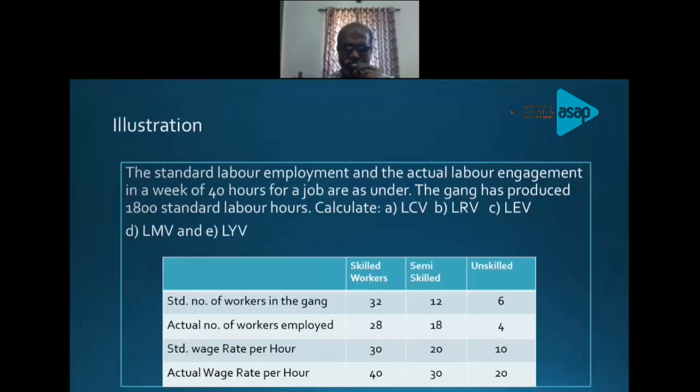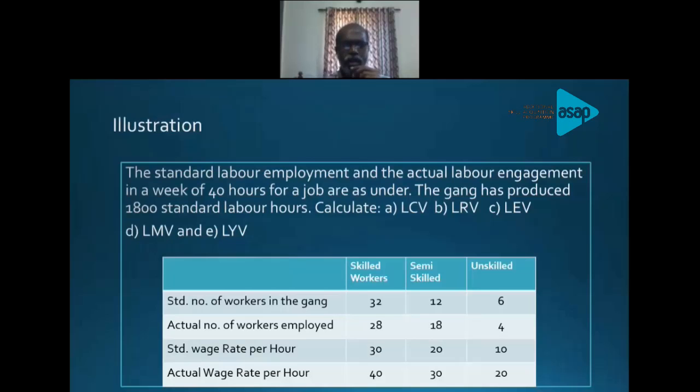Standard number of workers in the gang: 32 skilled, 12 semi-skilled, 6 unskilled. But the actual number of workers employed by the organization is 28 skilled, 18 semi-skilled, and 4 unskilled.